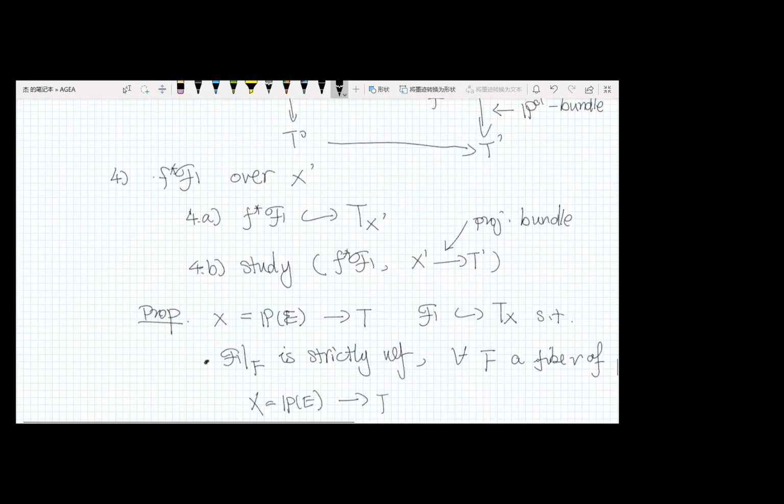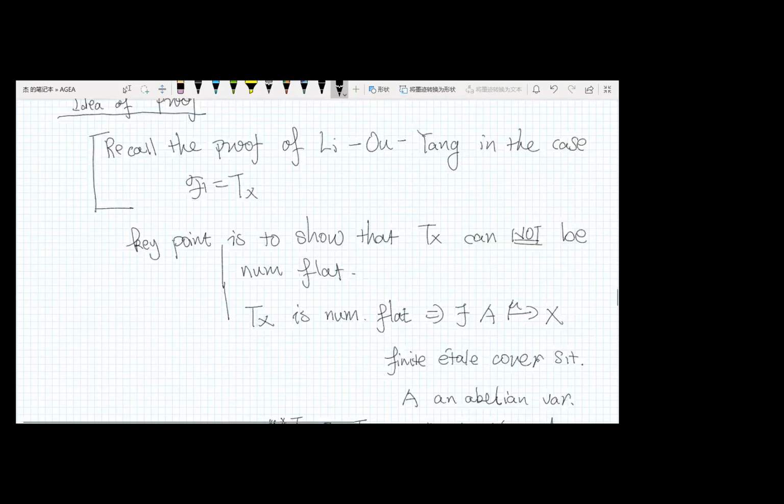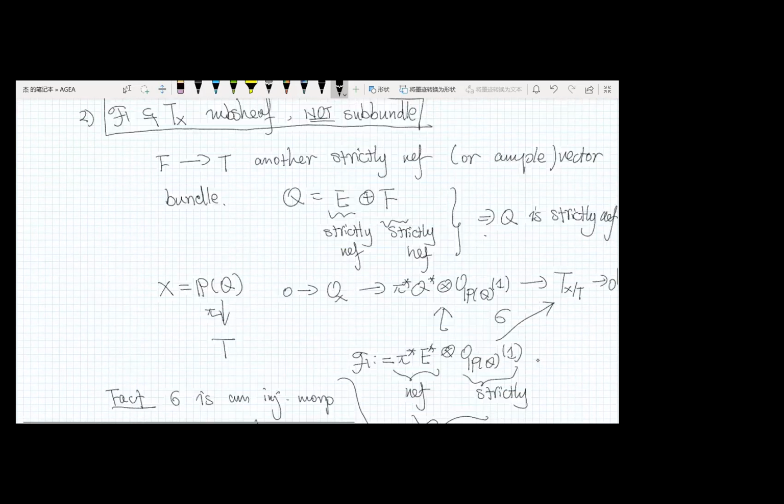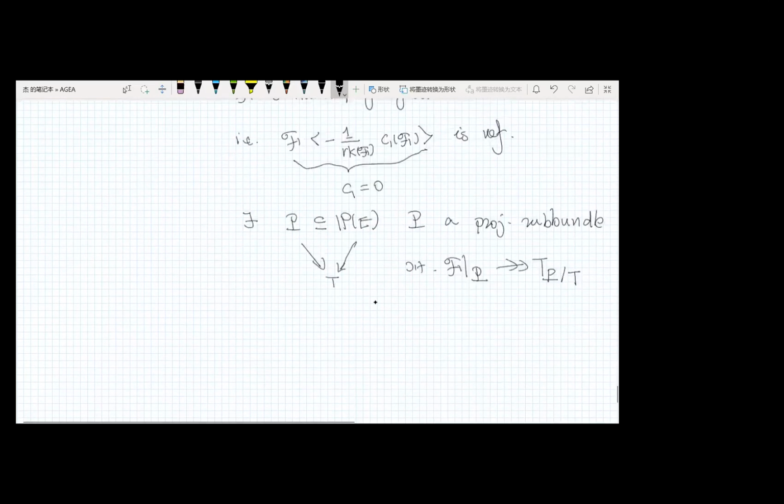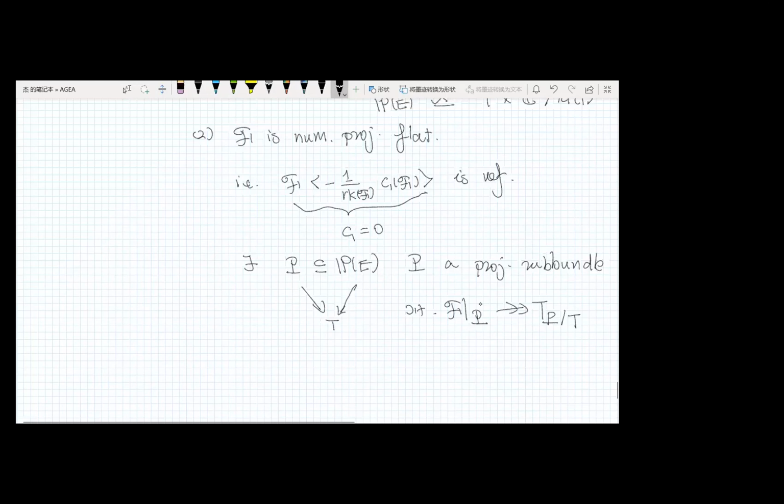Here you just take P to be the projectivization P(E). You take P to be P(E) here, and this gives you the second case. This is exactly this case here.